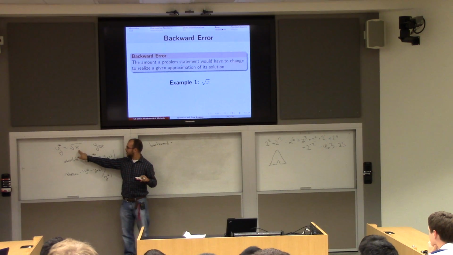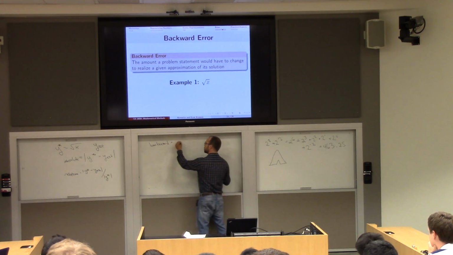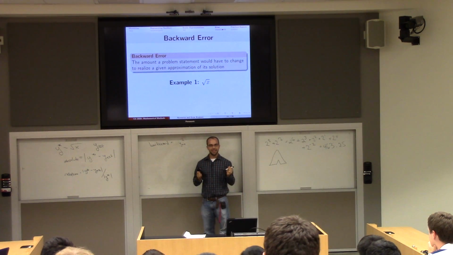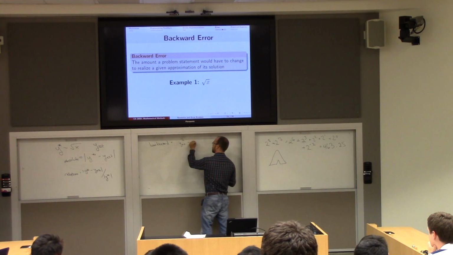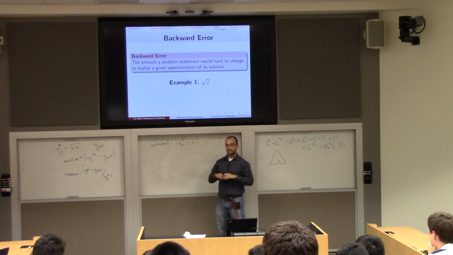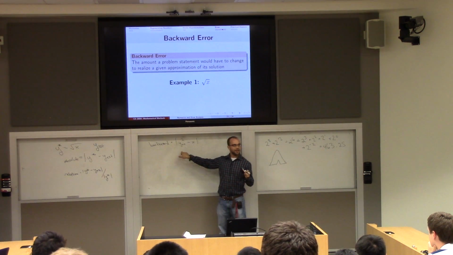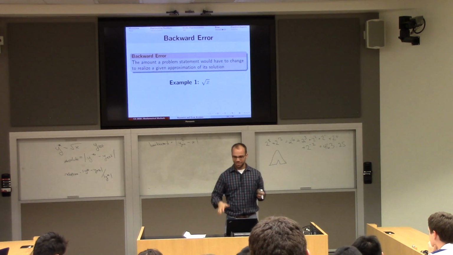In reality, I got the square root of some other number. I got the square root of y est squared. So the amount that my problem statement would have to change is that minus x. Is this number computable? Yes, we have x and we have y est. And that's the exciting thing here, for me.